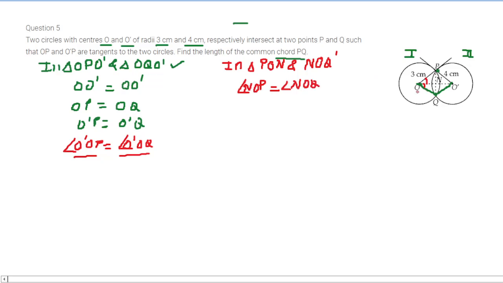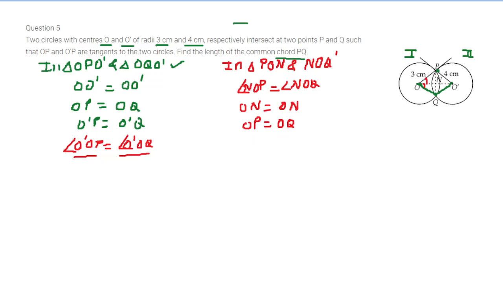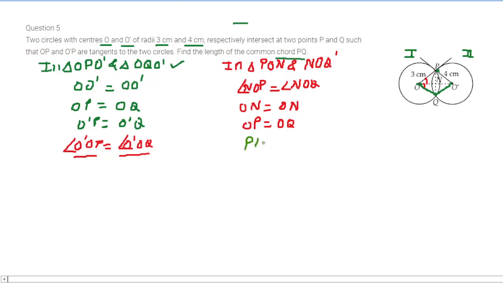These two angles are equal and ON is equal to ON, common side in both triangles. OP is equal to OQ, radius of the same circle. So by SAS congruency, these two triangles are congruent, and from here we can say that PN is equal to NQ and angle ONP will be equal to angle QNO.